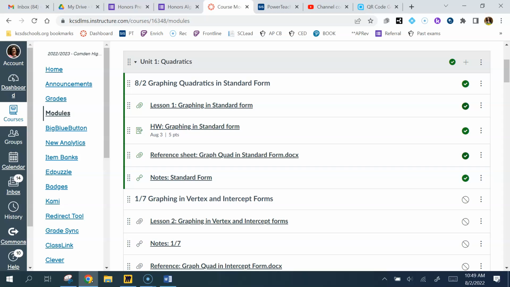But I'll post a link here. So right now, you should see Lesson 1, Graphing in Standard Form. That's the book. Pick it up and just say Miss McGee's room. Those are the book pages you'll see. The homework here tells you which numbers to do. There's your reference sheet that I gave you. I told you I'm OCD about posting everything.